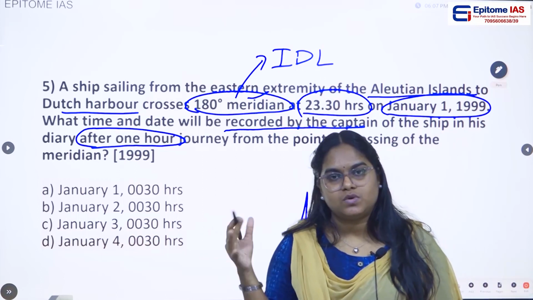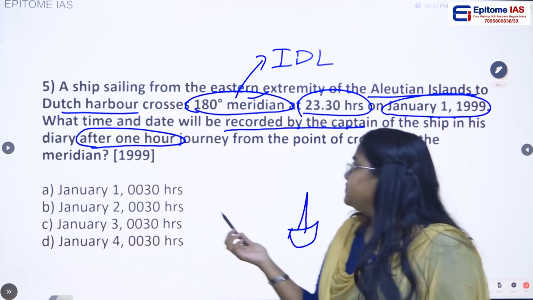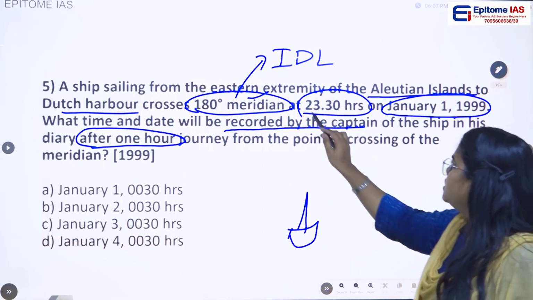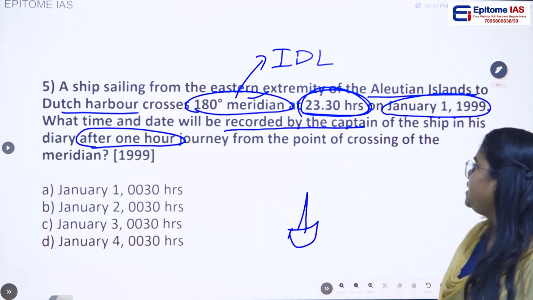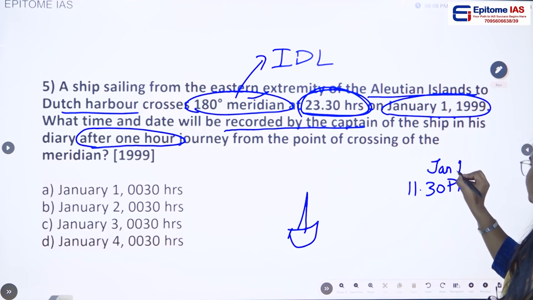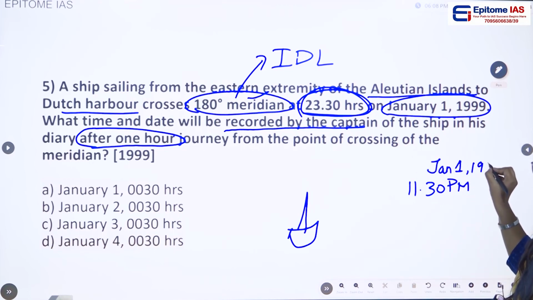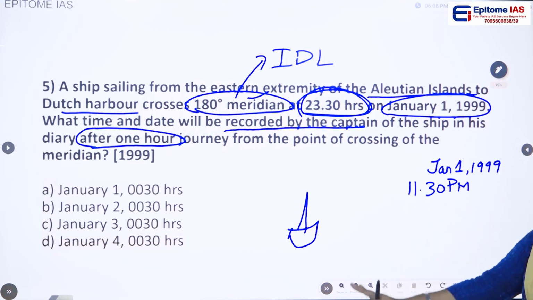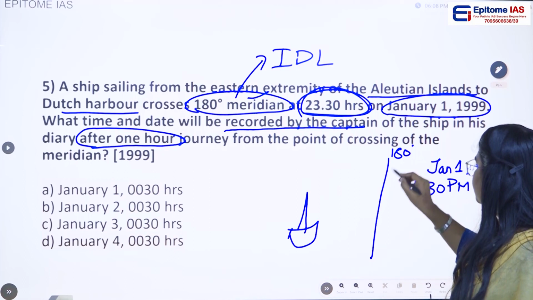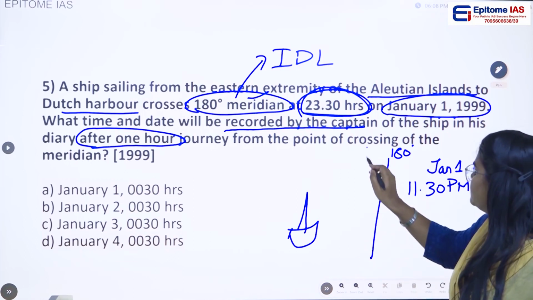And what is the time when it crosses the international date line? That is 11:30 p.m. on January 1st, 1999. This particular ship is crossing the international date line, the 180-degree meridian.